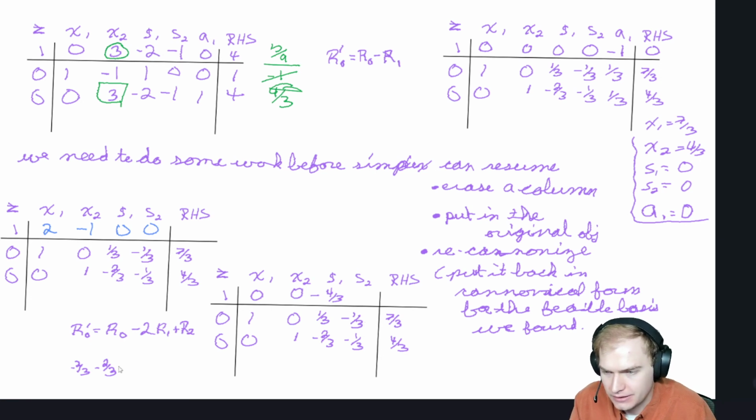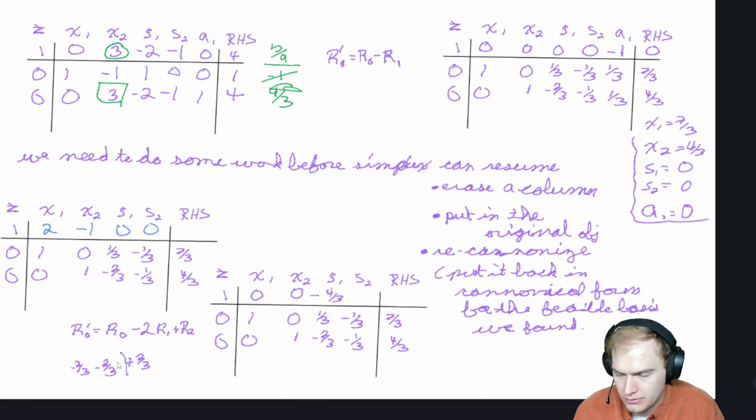And then we're going to have plus 2/3 minus 1/3 is going to give us positive 1/3. And the right hand side is going to be 7/3, negative 7/3, or negative 14/3.